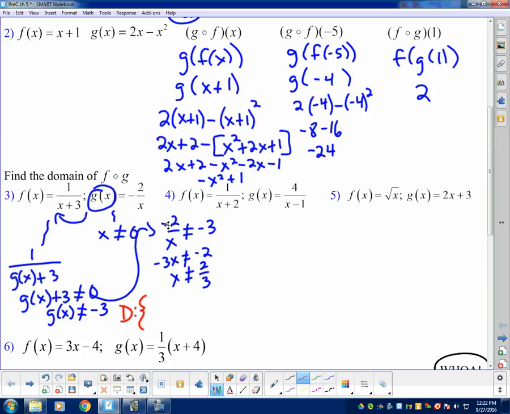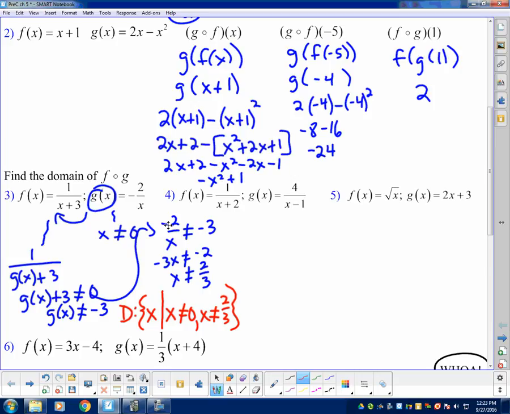So the domain is the set of all x. Here's how you say the set of all x: the set of all x such that x does not equal 0, comma, x does not equal 2/3. So it's a way of saying all real numbers x such that it doesn't equal either of those two.